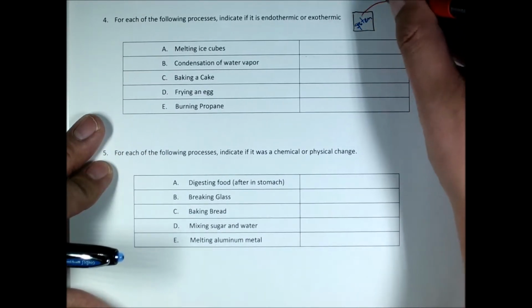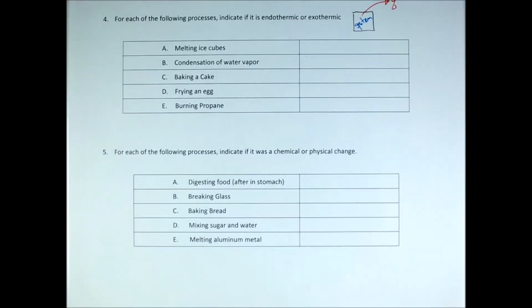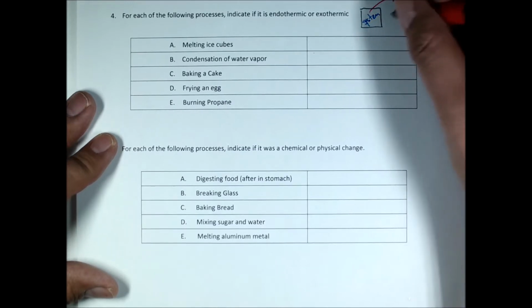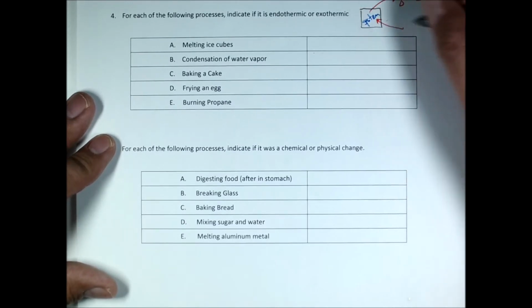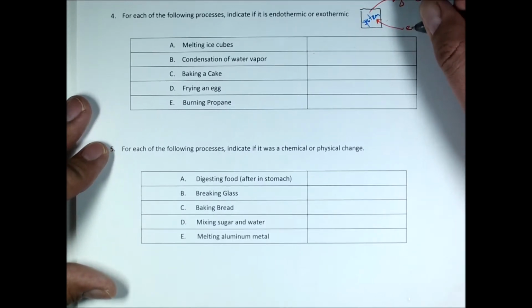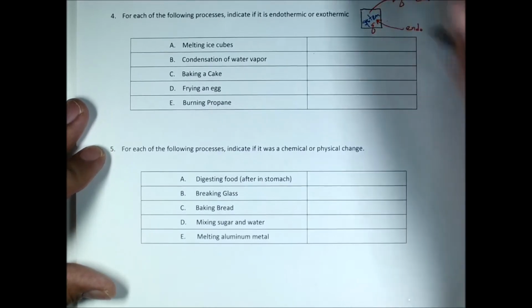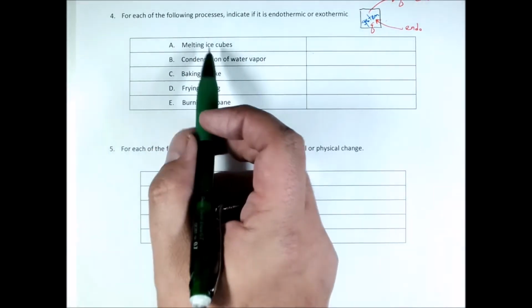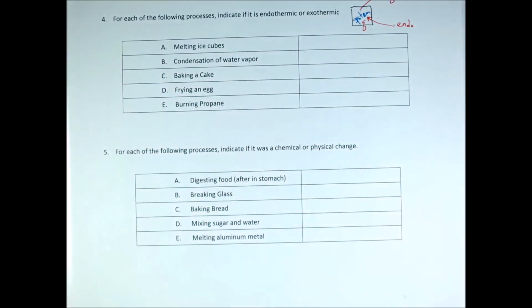And if heat is going out, what do we call that? Exothermic. And if heat is going in, we call that endothermic. And heat's going in that case. All right. So you can also think about these in terms of whether temperature is going up or down. If temperature is going up, that means that you're putting heat into it. If temperature is going down, heat's coming out.